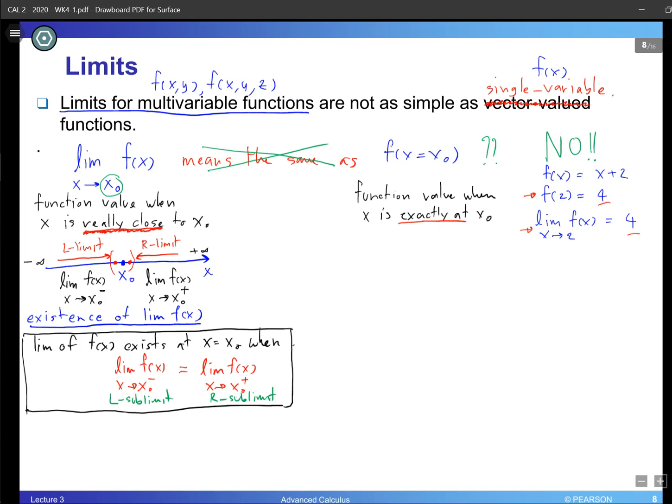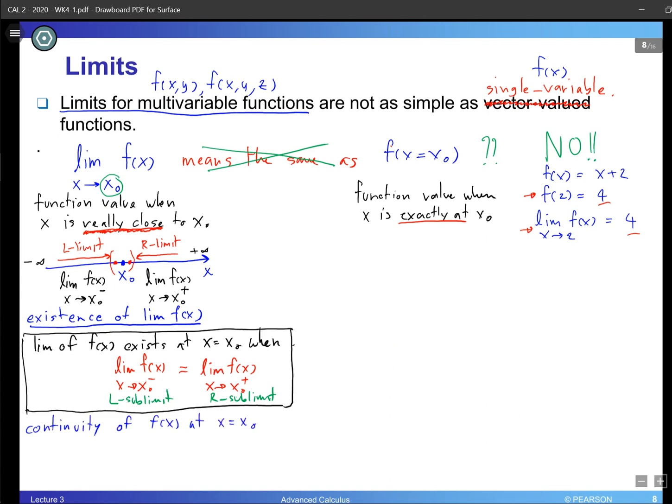So let's add a note right here at the bottom. Continuity of a function at a certain point. Continuity of function f(x) at x equal to x0.